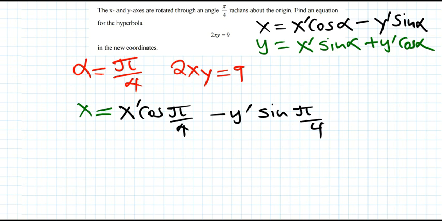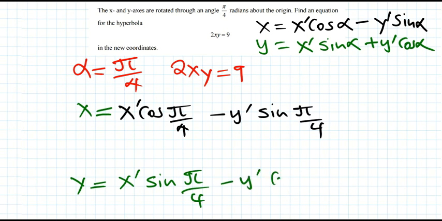Okay, so that's the first step there. And then of course, as you might guess, we have to now do the same for y. x prime sine of pi over 4, and then minus y prime cosine of pi over 4.